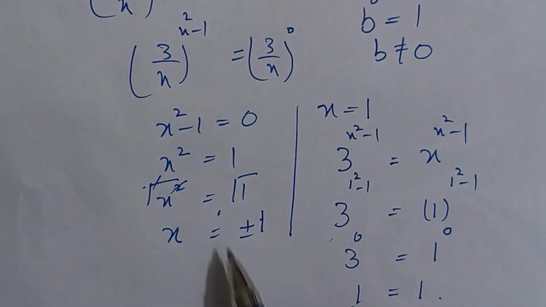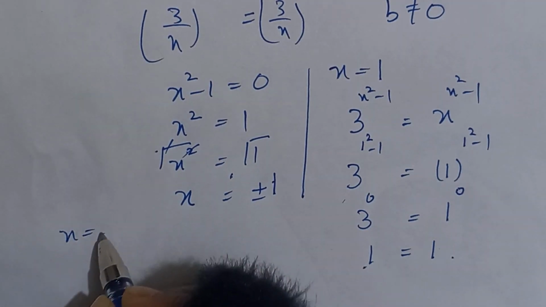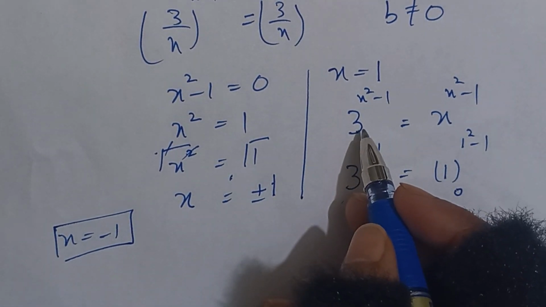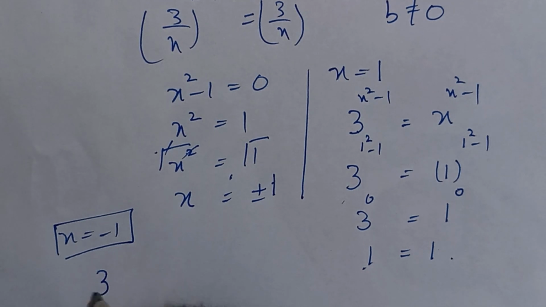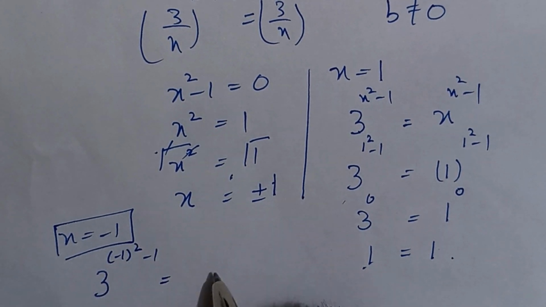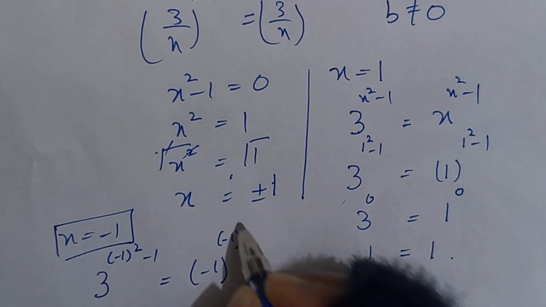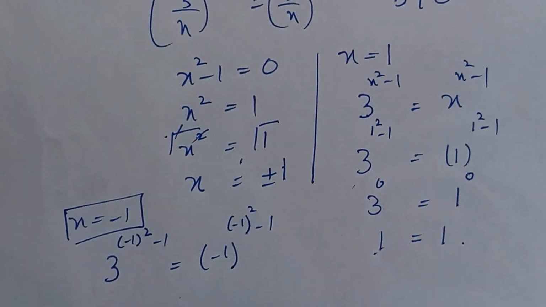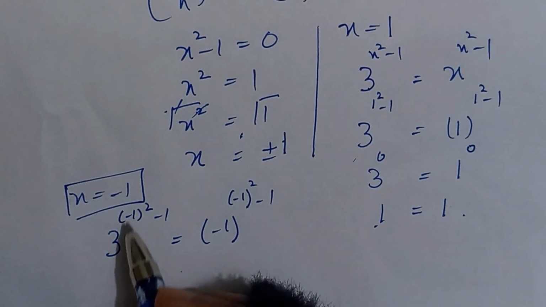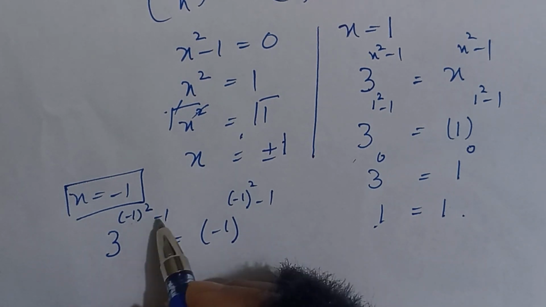Now we verify for x is equal to minus 1. So our question is this. We replace the x by minus 1. So this will become 3 raised to the power minus 1 square minus 1, equal to minus 1 raised to the power minus 1 square minus 1. So 3 raised to the power minus 1 square, which is 1, and 1 minus 1 is 0.